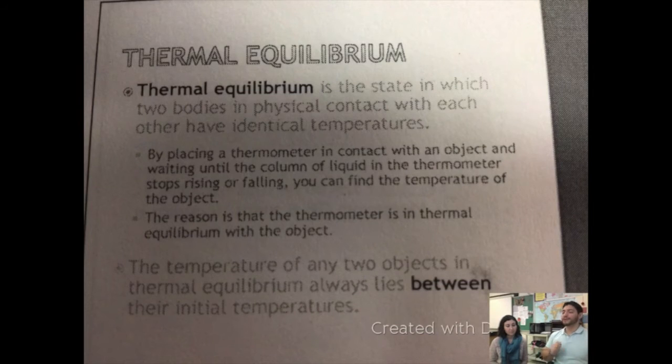Now, when we reach thermal equilibrium, what is thermal equilibrium? It's the state in which two bodies are in physical contact with each other and have identical temperatures. Let's say I have a cup of coffee and a regular cup of water. The coffee is hot and the water is room temperature.